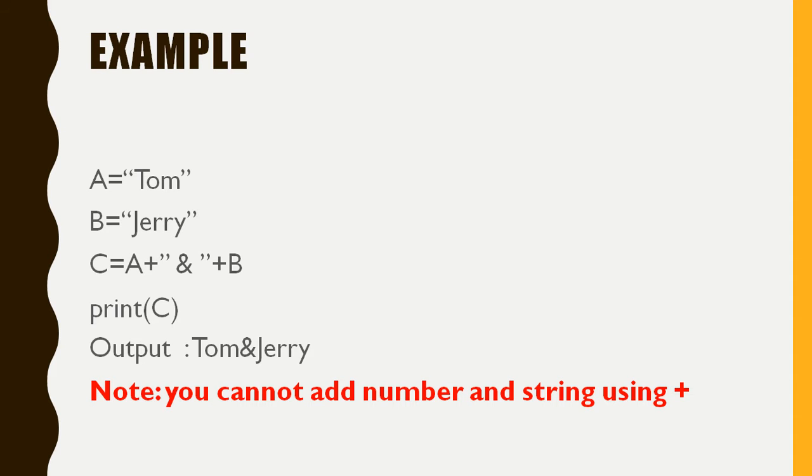The output you can see here: Tom is string A, Jerry is string B, and in between, and is concatenated. You cannot add a number and a string using plus. Only a string can be concatenated with a string.